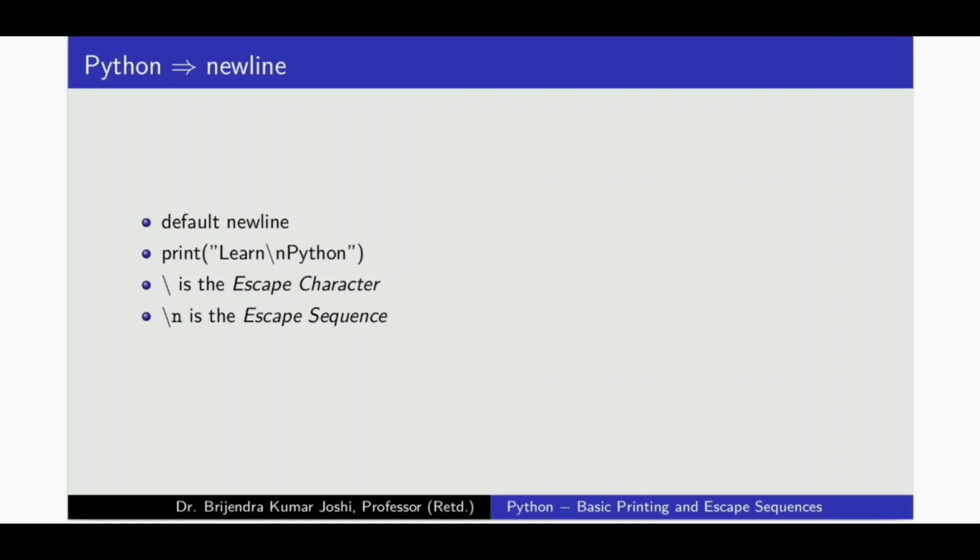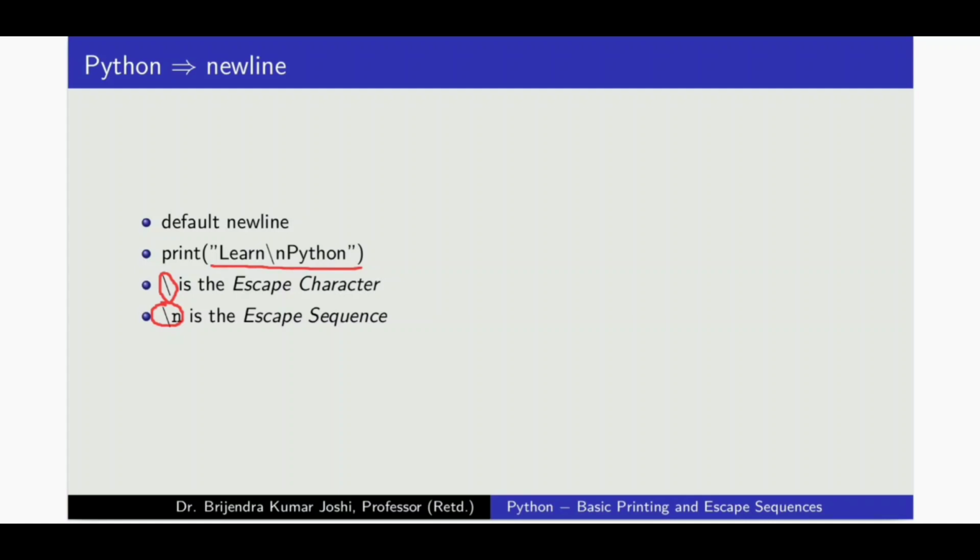Now you can see here we can make use of escape characters. So here if we write like this, print either in single quotes or double quotes this string, so here backslash n has a special meaning. Here backslash is the escape character and this backslash n is referred to as escape sequence.